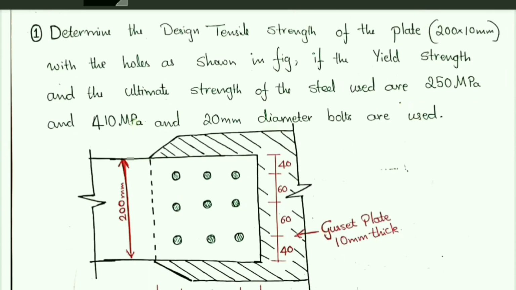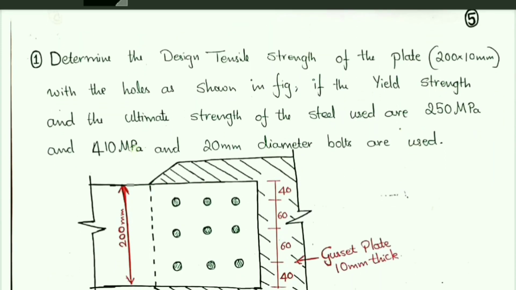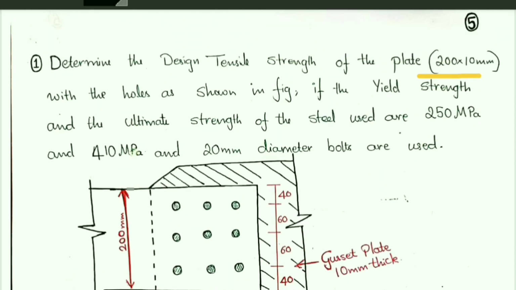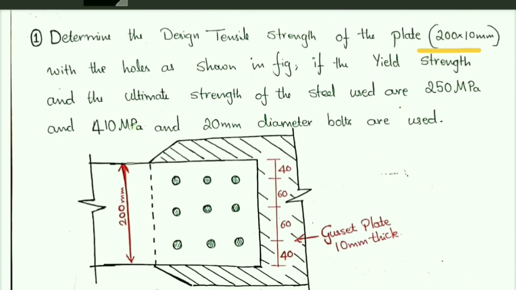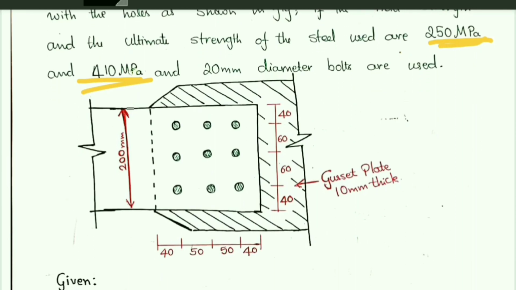Let us go to one design example. Determine the design strength of the plate, where the plate width is 200 mm and thickness is 10 mm, with the holes as shown in the figure. The yield strength and ultimate strength of steel used are 250 MPa and 410 MPa, and 20 mm diameter bolts are used.